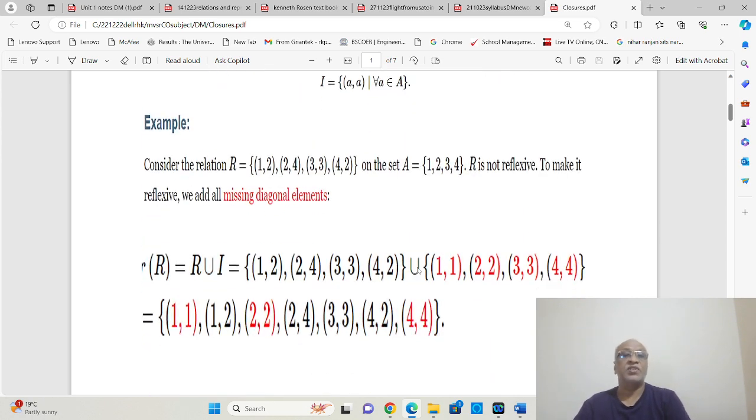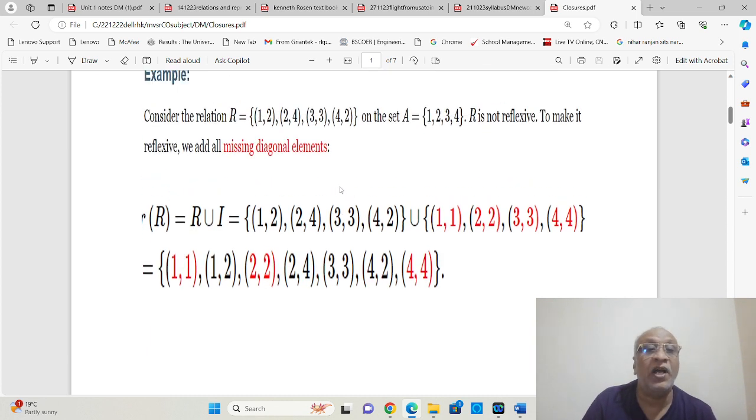We'll take an example for simpler understanding. This is my relation R, equal to these pairs: 1 comma 2, 2 comma 4, 3 comma 3, 4 comma 2. And this is my set 1, 2, 3, 4. And I know that this is not reflexive. So what do I do to make the reflexive closure? I have to add the identity I. Here identity is given by 1 comma 1, 2 comma 2, 3 comma 3, 4 comma 4.